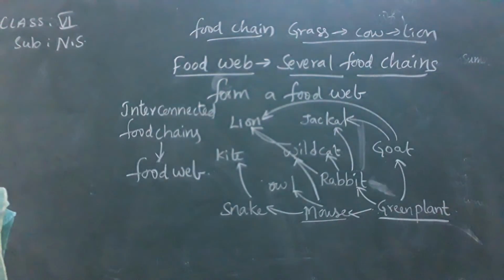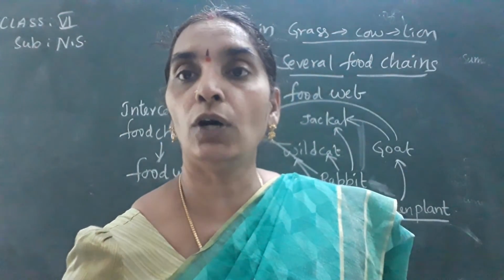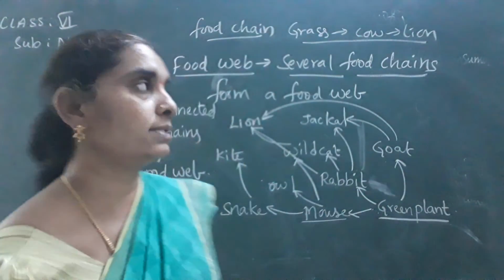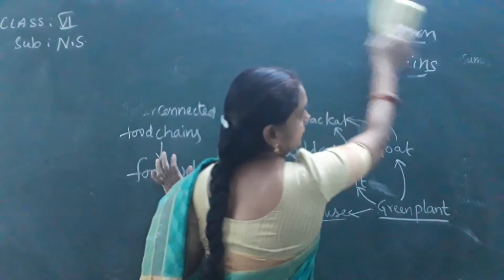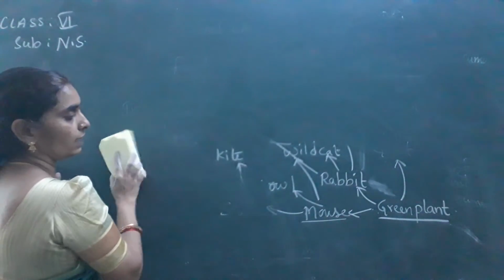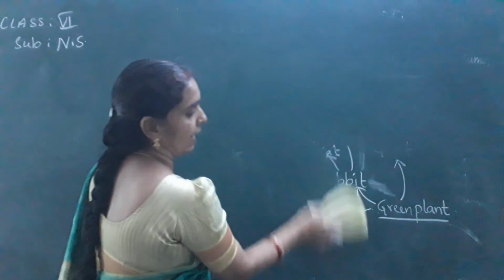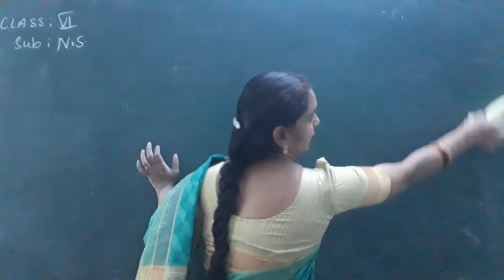Okay children? Next, the animal colonies. What are animal colonies? A group of animals moving together for their food. Mostly, from the huge elephants to the tiny ants, they move in colonies in search of their food.